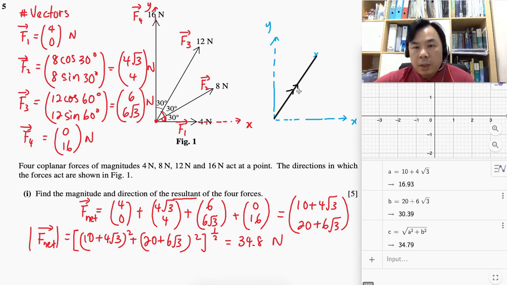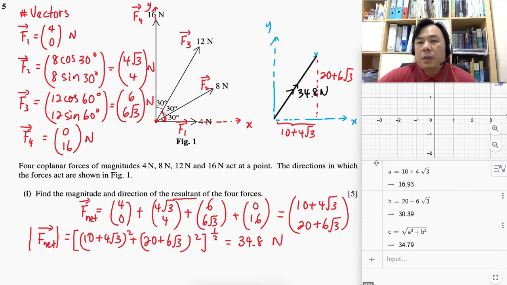And it has a magnitude of 34.8 Newton. It has a vertical component, 20 plus 6√3, which is 20.39, and a horizontal component, which is 10 plus 4√3.